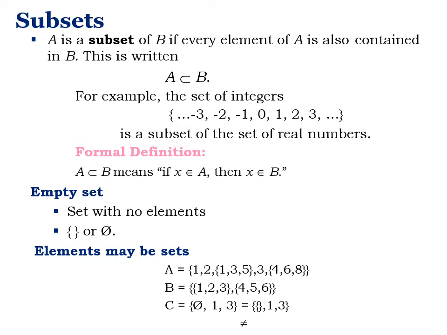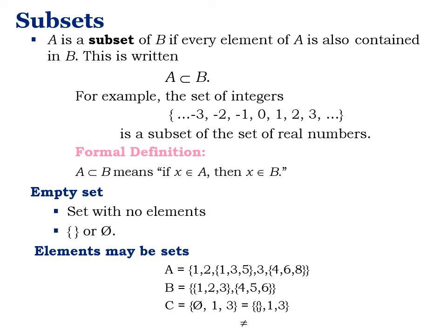Take note that if you are going to write subsets, you are going to use this symbol. For example, the set of integers, from negative infinity to positive infinity, is a subset of real numbers. Formal definition: A is a subset of B means if X is an element of A, then X should be an element of B also.